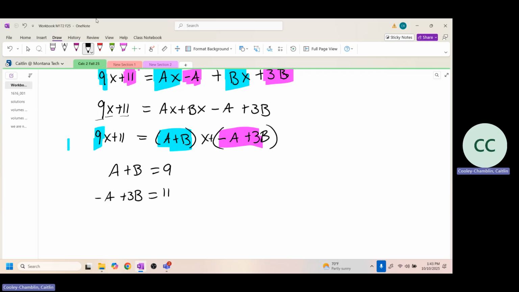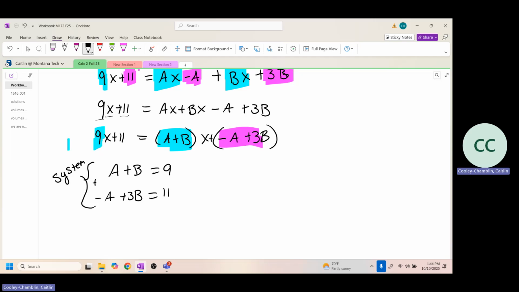All right, so now we have to solve the systems of equations. This one's a little bit harder than we did before. This is my system. I'm not sure if you guys remember from algebra that you can add two equations together as long as they're equal. So I'm going to add these two equations together.